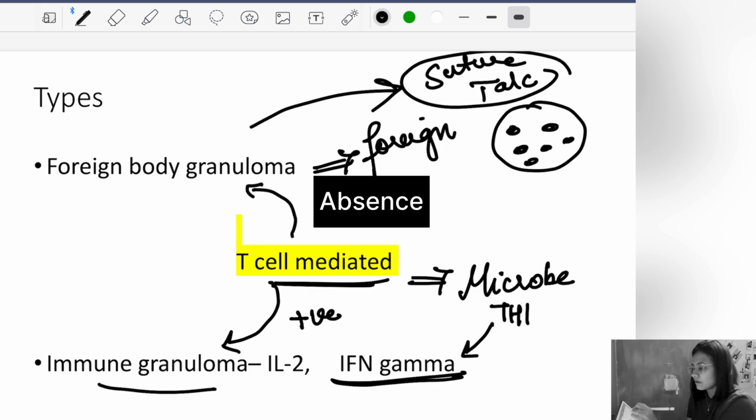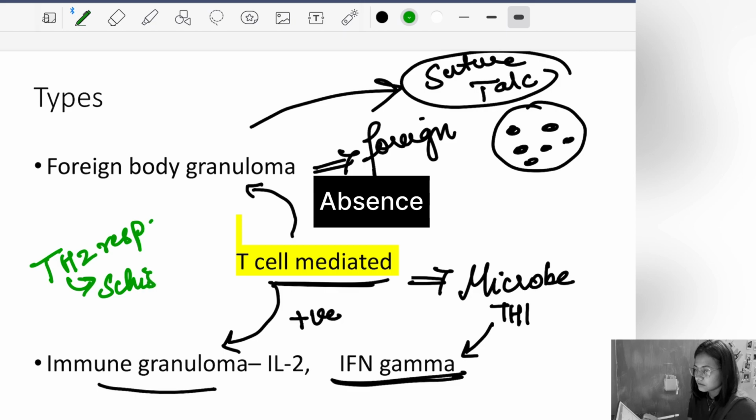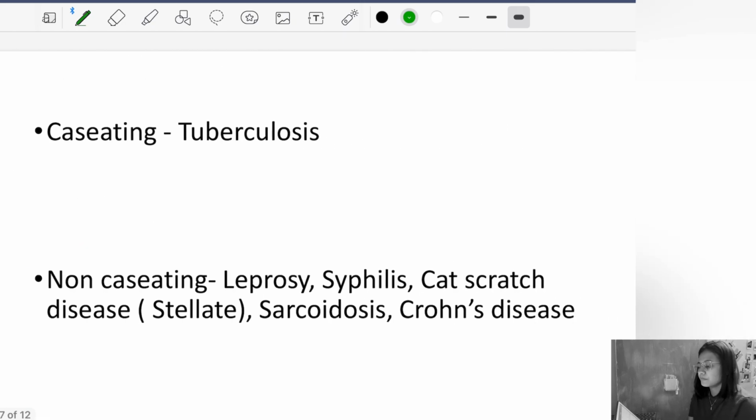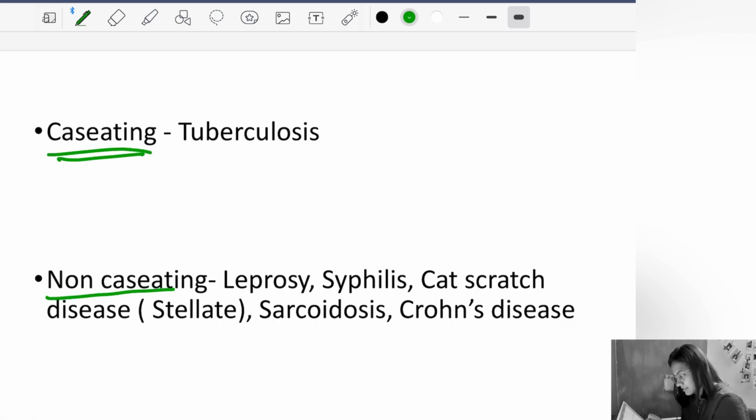Sometimes you can also see a Th2 response in schistosomiasis. So this is the type of granuloma that you see, foreign body and immune granulomas, followed by these are either based on the necrosis that is seen, which is known as caseous necrosis.